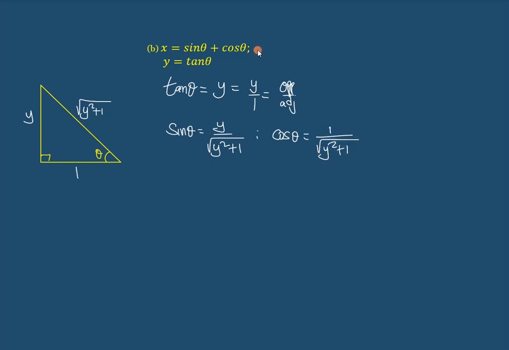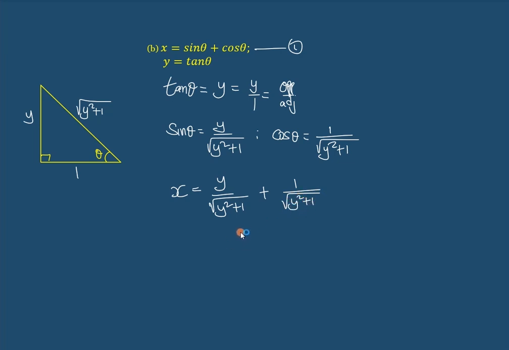We can now substitute that in that equation, putting where there is sine theta, we apply this expression, and where there is cos theta, we put that. So x is equal to y over square root of y squared plus 1 plus the cosine of theta, that is 1 over square root of y squared plus 1.